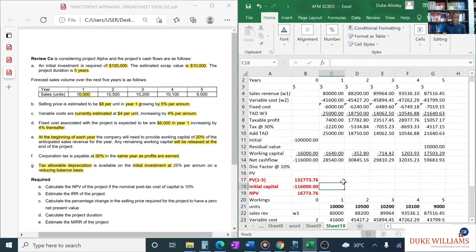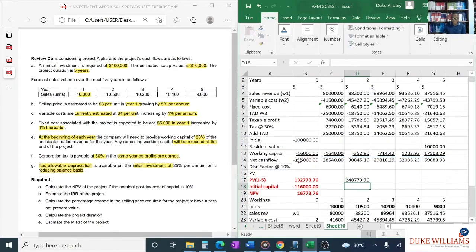Another person could say, okay, why don't I just simply say equal to NPV, of course the discount rate, then I reference year 1 to 5, close the bracket, and then subtract this from that.